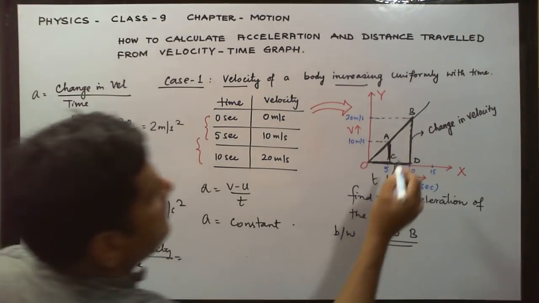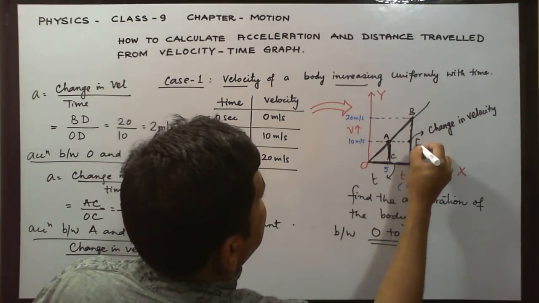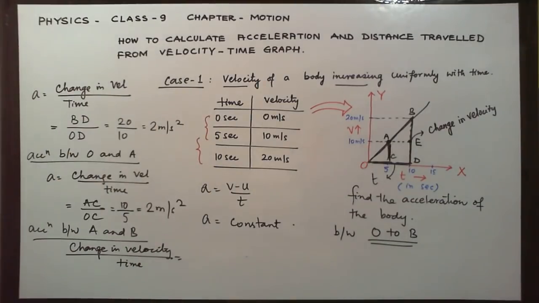Now see the change in velocity from this point A. Let us draw another line. Let us say this is E. What is the change in velocity? If you look at the graph, the change in velocity is nothing but B to E, and A to E is the time taken.